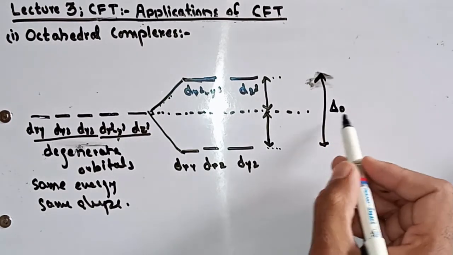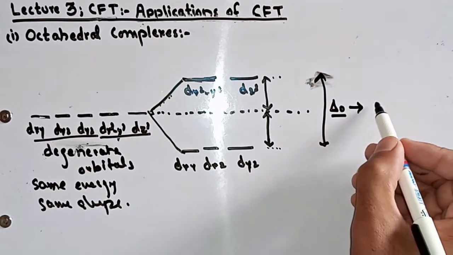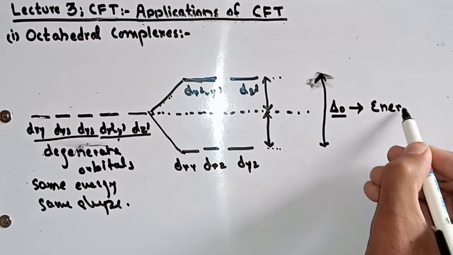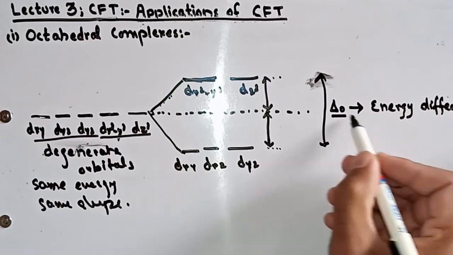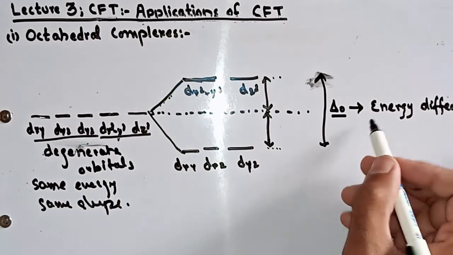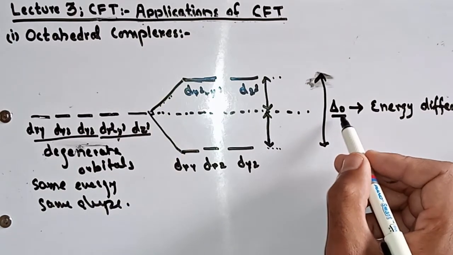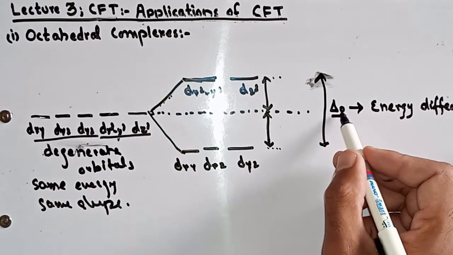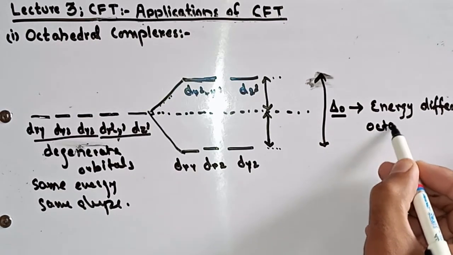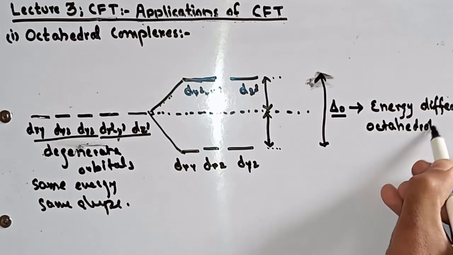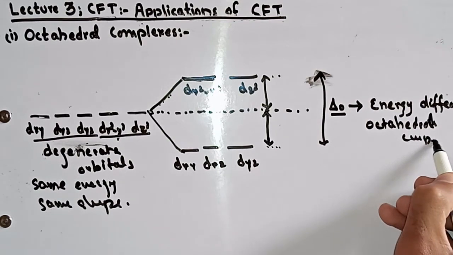What does del naught mean? Del means energy difference, while the subscript is not zero, it is O, but we pronounce it del naught. O means octahedral. It is used for octahedral complexes.